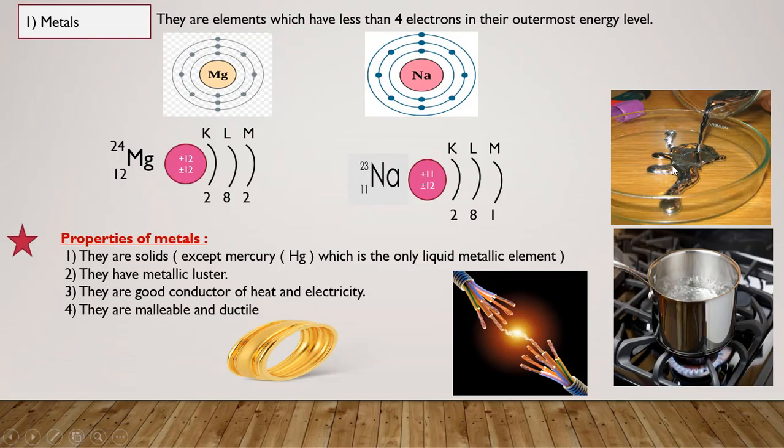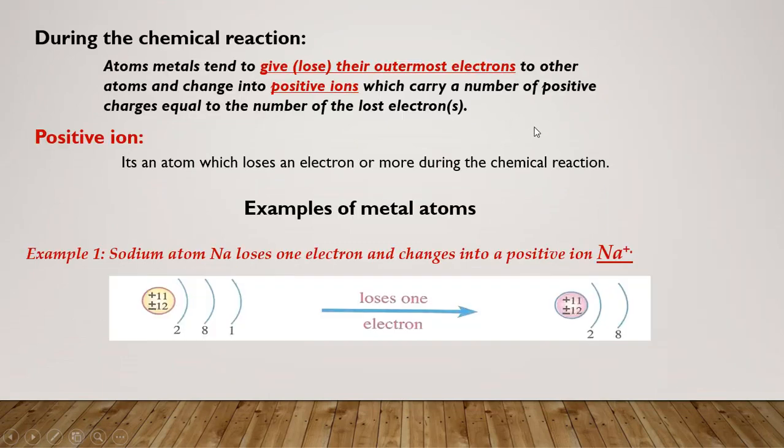As they contain less than 4 electrons in their outermost energy level, they tend to lose their outermost electrons during the chemical reaction. Why? To make their outermost energy level empty, so they are similar to the nearest noble gas. So during the chemical reaction, atoms of metals tend to lose their outermost electrons to other atoms.